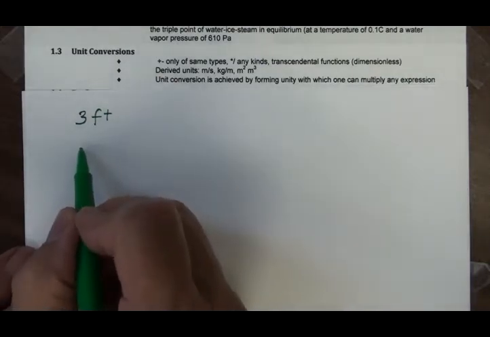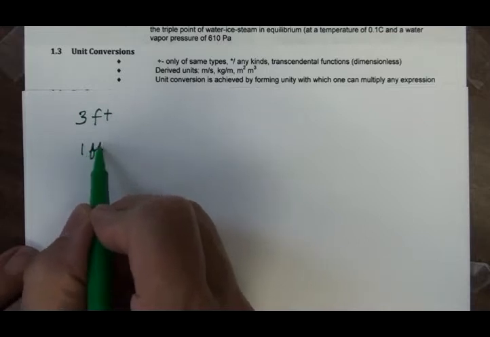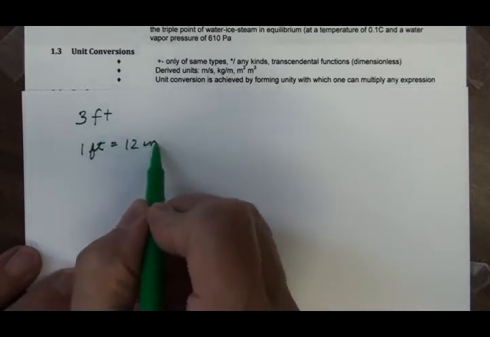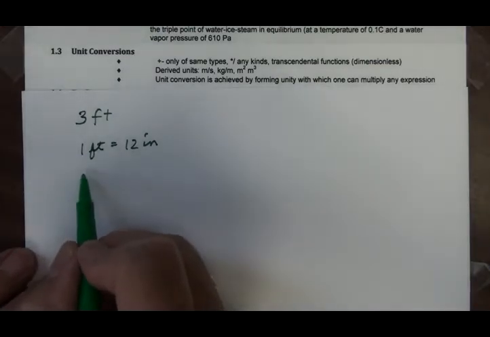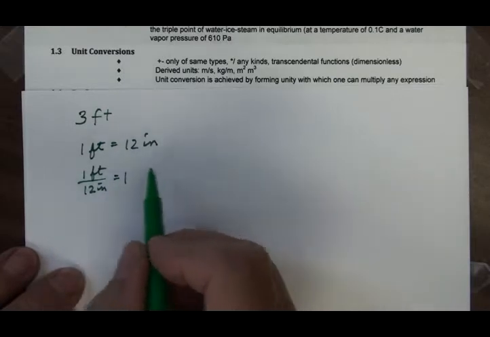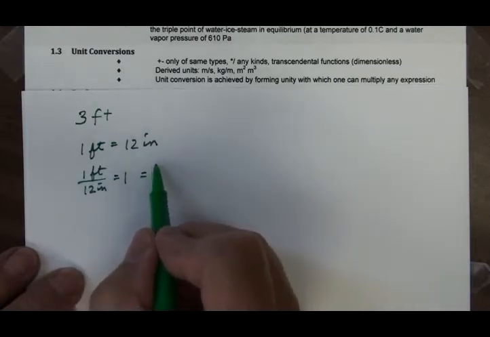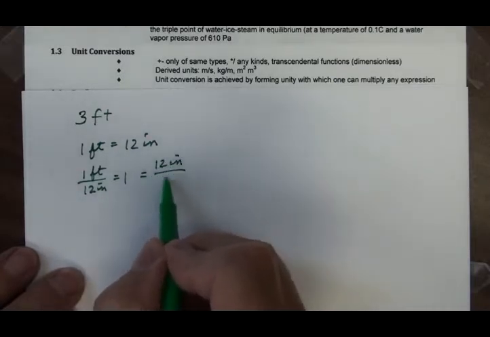And we can say 1 foot is equal to 12 inches. And now we can divide either of those sides by the other side and get 1. We can either end up with 1 foot over 12 inches is equal to 1, and we can also get 12 inches over 1 foot is equal to 1.